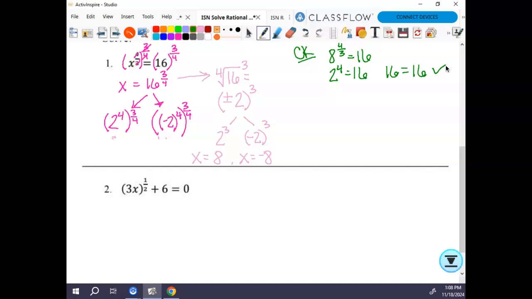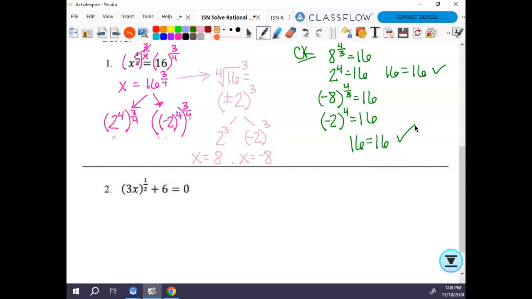Okay. Then if I have negative 8 to the 4/3 power equals 16. Well, the cube root of negative 8 is negative 2, and negative 2 to the 4th power has to equal 16, and there we would get positive equals positive again.